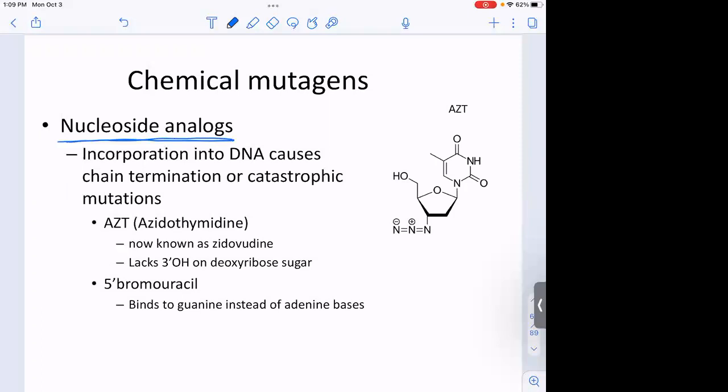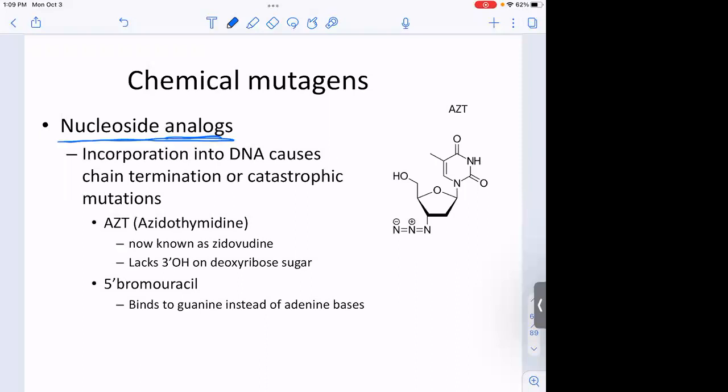Okay, so a chemical that's an analog to a nucleoside, meaning it acts like the nucleoside or is very similar in structure to it. So if something is a nucleoside analog and it gets incorporated into the DNA, that DNA is not going to be able to be replicated quite the same.